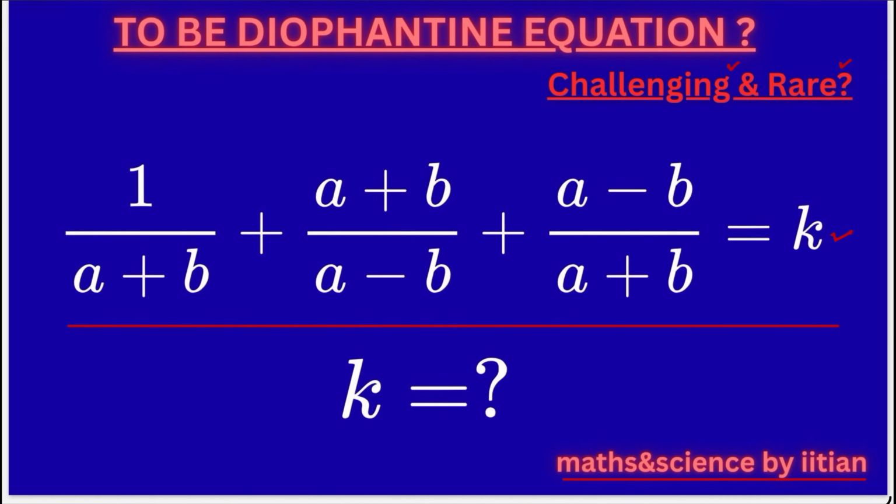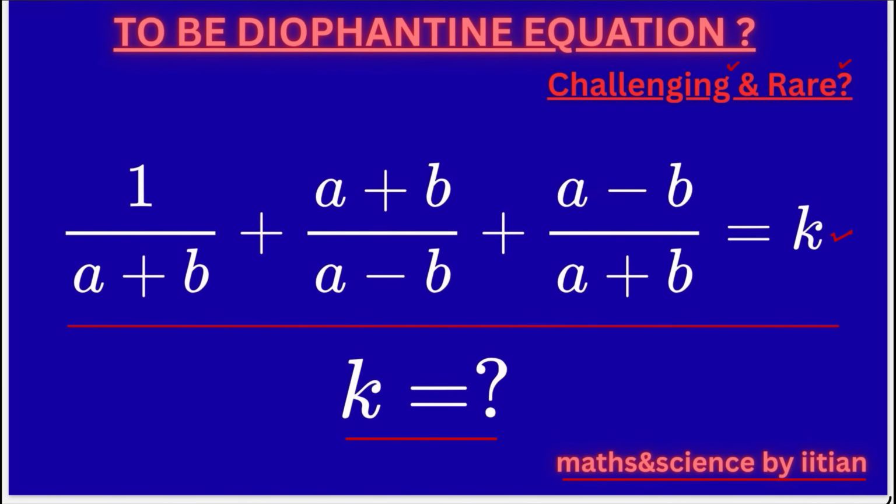Till now we have solved the Diophantine equations. Now we are introducing a condition for a particular equation to be a Diophantine equation where no integer values are found, all are variables. Then how to find this k value?